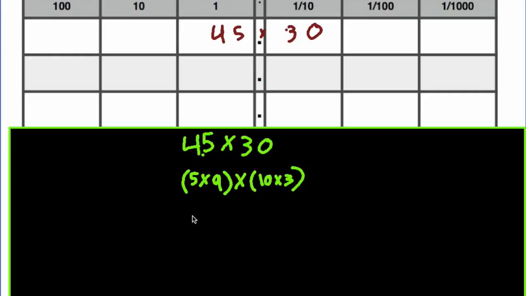It's not going to write for me. So I have these two equations. What's the very next step I should do? Well, if we multiplied 5 times 9 and 10 times 3, it would give us this again.